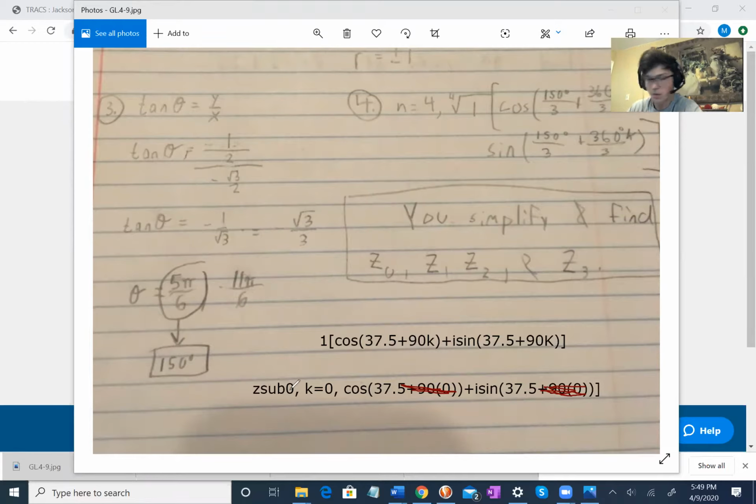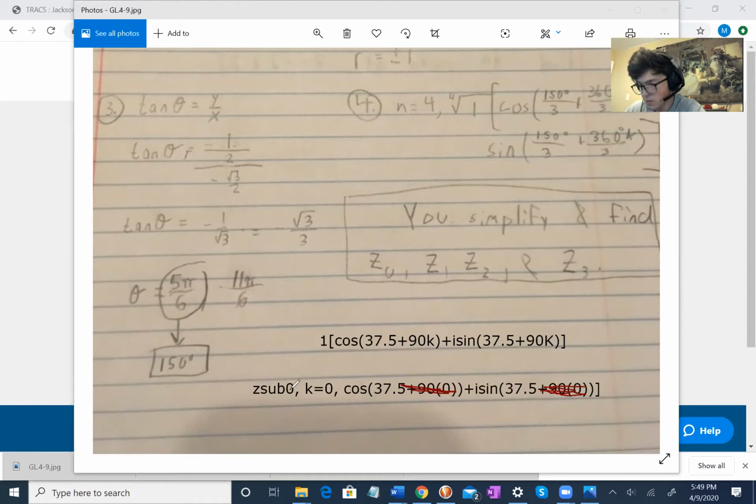I do have those buttons. So cosine of 37.5. I'm in degree, not radian. So 37.5, cosine of that, it's about 0.7933.